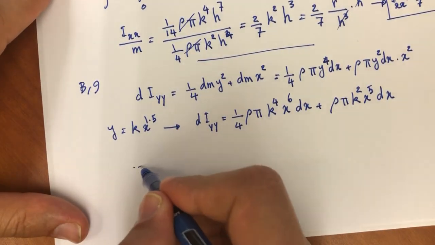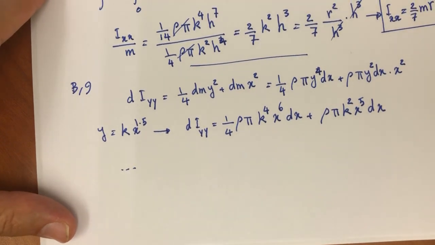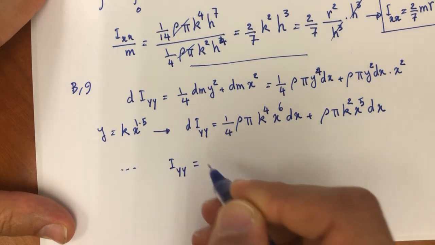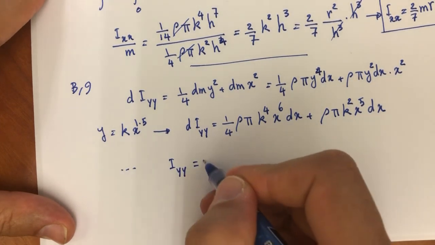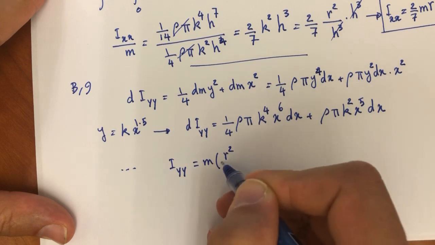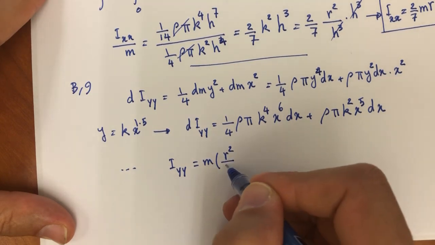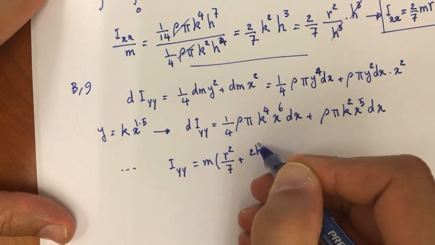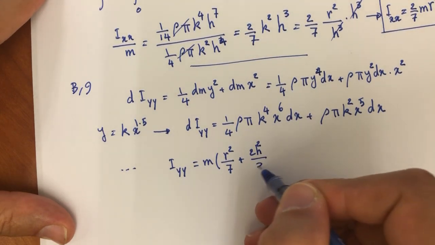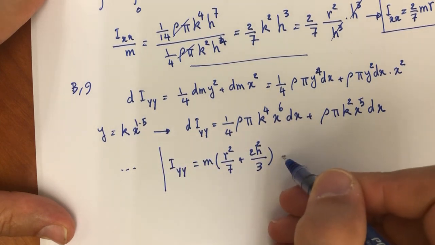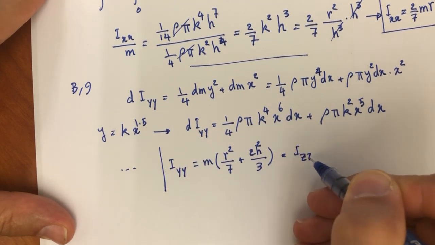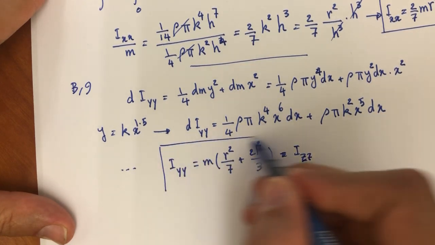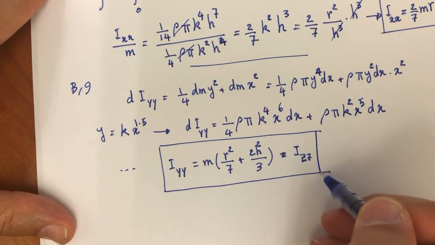If you do all of that, just simple math, and I'm going to leave it for you, then at the end Iy is going to be equal to mass times r squared divided by 7 plus 2h squared divided by 3. And also we know this is equal to Izz because of symmetry. The mass moment of inertia about the y-axis is equal to the mass moment of inertia about the z-axis.